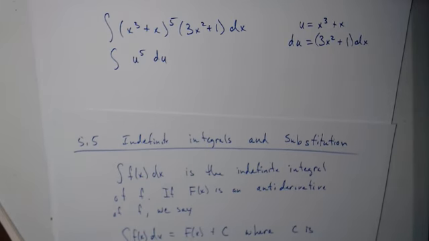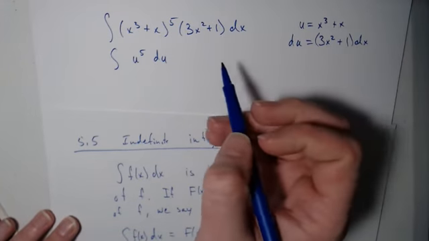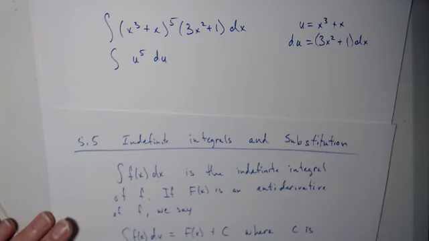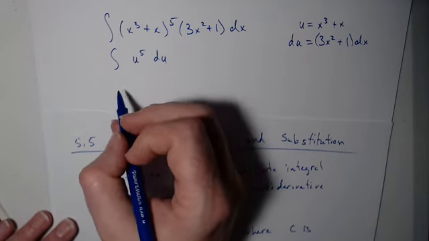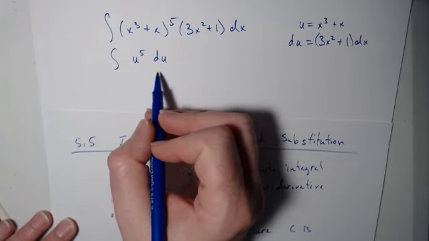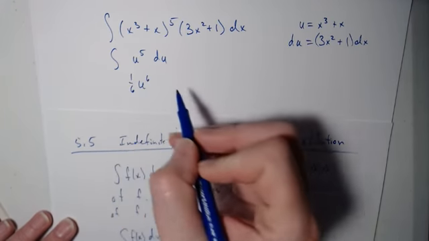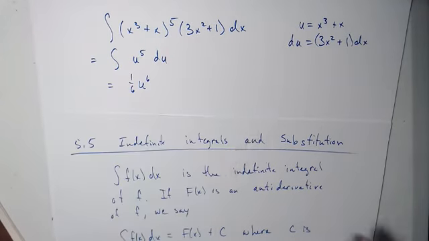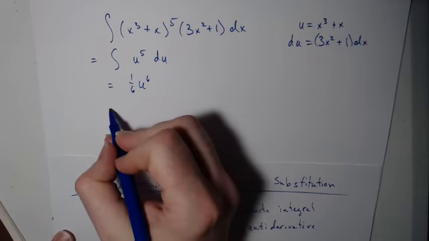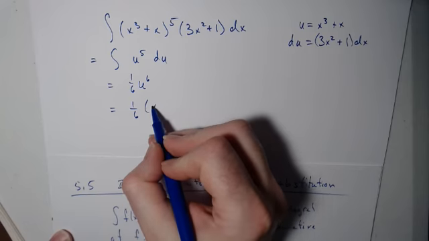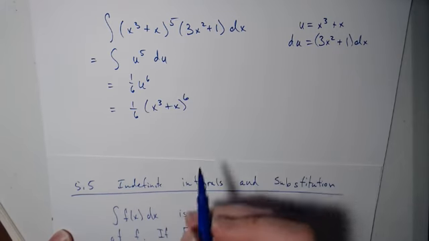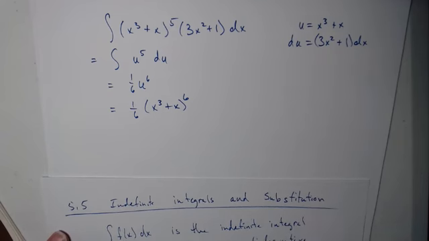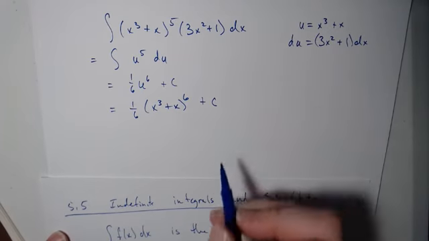I should mention, and your book spends some time talking about this, that all u substitution is the chain rule backwards. That is to say, let's get this antiderivative, and then I'll show you how that works. So if we integrate this, we get 1/6 u to the 6th, and then we back substitute, and so we plug in, and we have 1/6 x cubed plus x, that's what our u was, to the 6th, plus c.